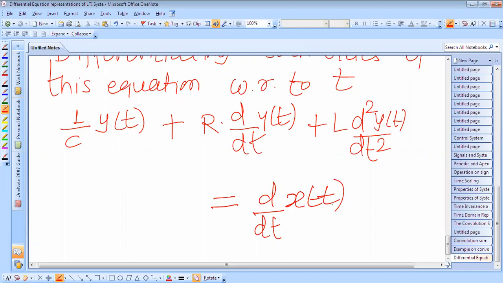So these are the equations we have got after differentiating the above equations.